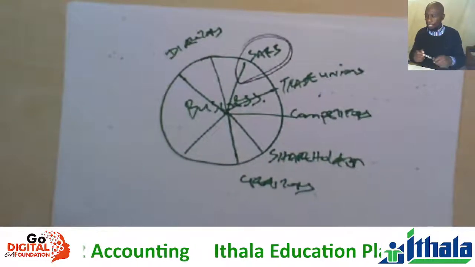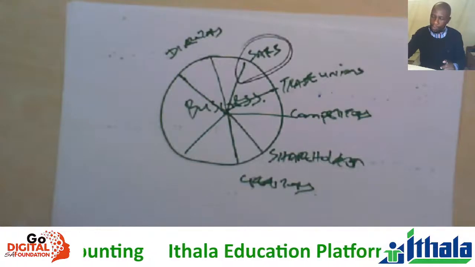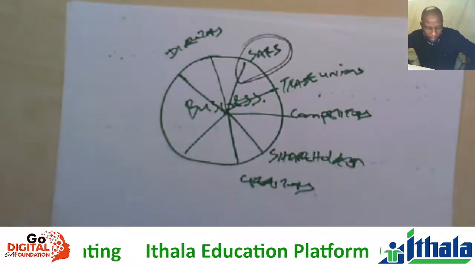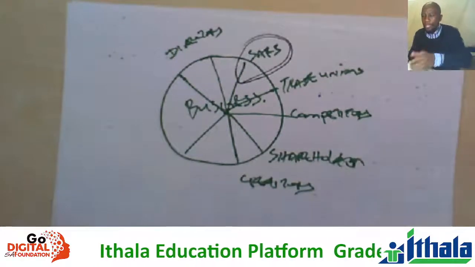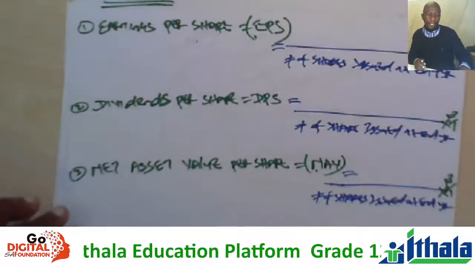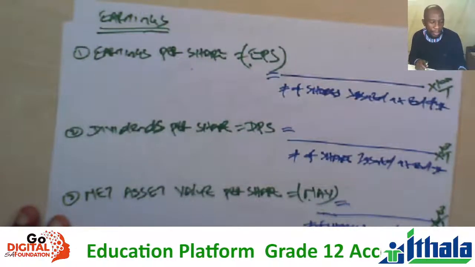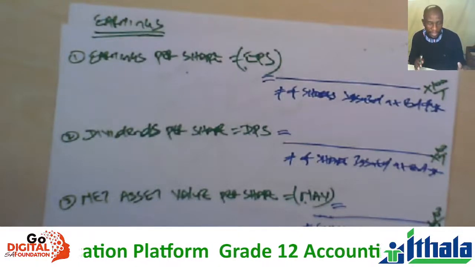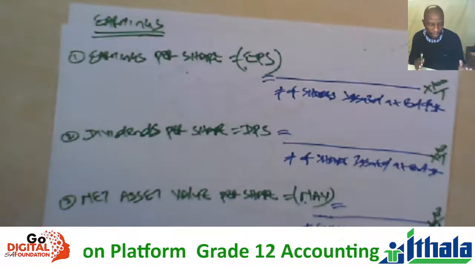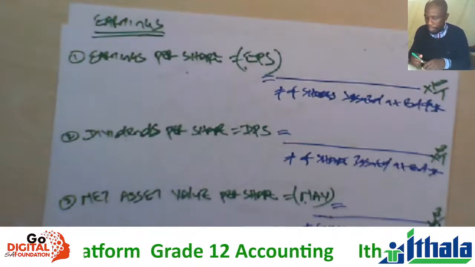As soon as the business gets the money, the first person to be paid is SARS, the South African Revenue Services. So coming here, in the ratio of earnings per share, we are not going to earn anything as shareholders or directors unless we pay SARS. So in the numerator there, what is it?